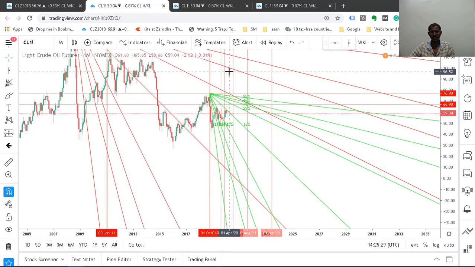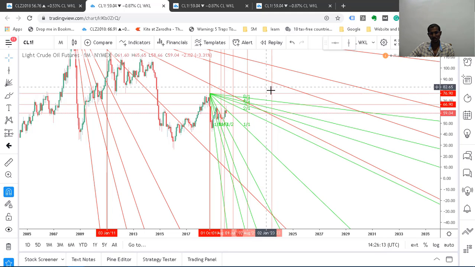We have been calculating these values, which I have just pronounced, as time resistance, and at the intersection of this time resistance with the previously drawn red and green Gann fans, we are going to determine the price levels. Here you can see the horizontal lines from where the time resistance actually meets the Gann fan, the red one, for the long-term trend indication.